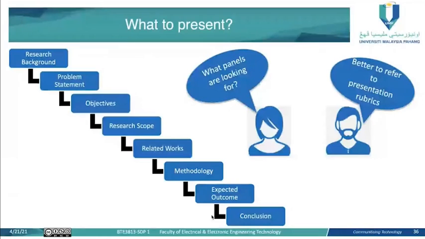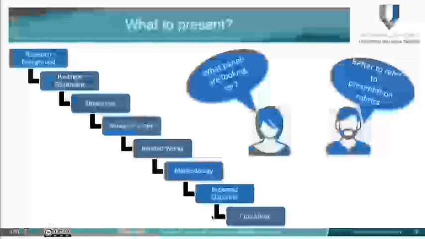You can see what the panel are looking for, how they will evaluate your problem, your objective, your scope, your methodology, your outcomes, and so on. So it becomes clearer for you to prepare your presentation to convince the panel to give you a good mark in your presentation. Thank you.